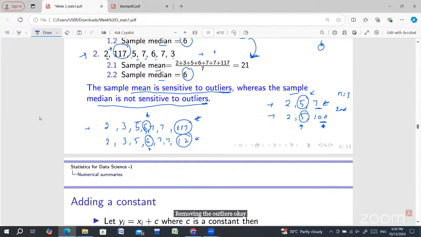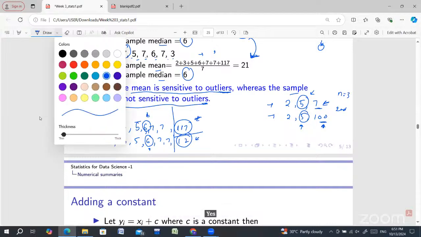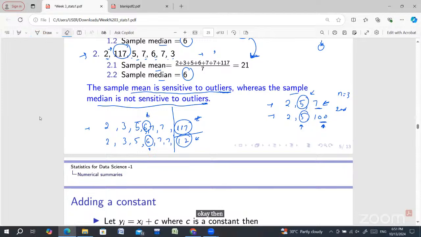In this case you have removed this part. Then the number of observations will definitely change, right? It has decreased. So this observation will be your median then. So if you are removing the outliers, the median will change. If you are considering them, it will not affect the median.